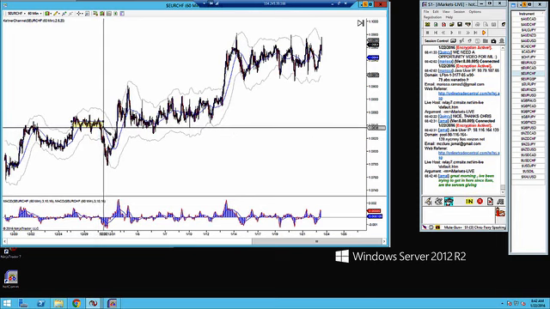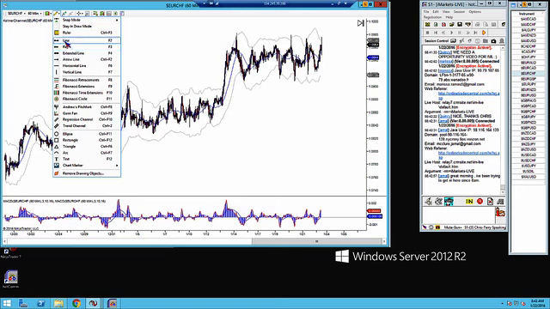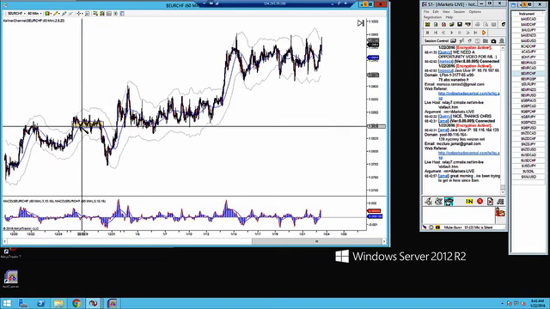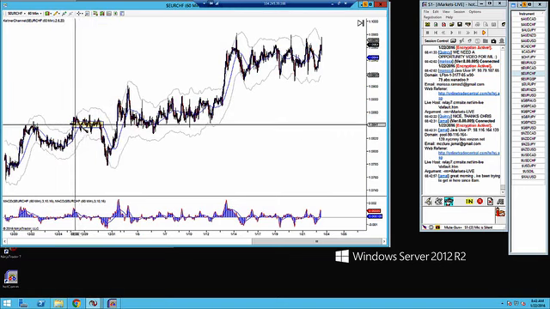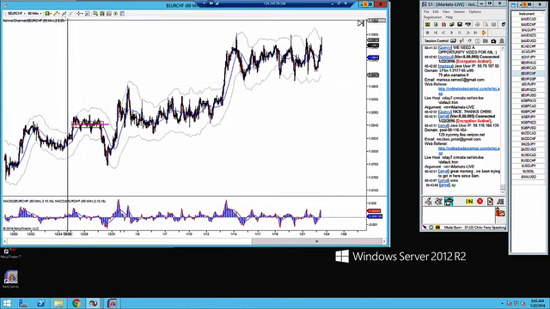This is where 70% of the main action has taken place, and this is called a point of control. Point of control.